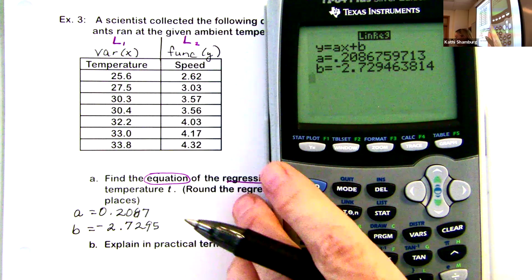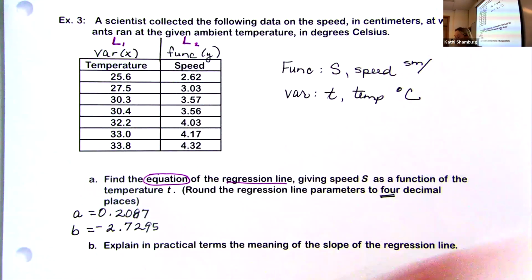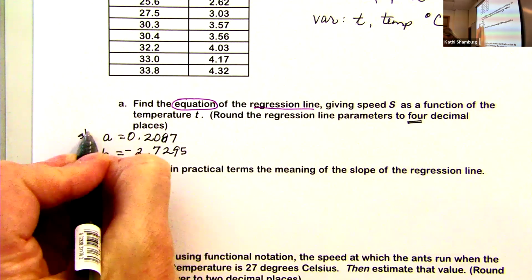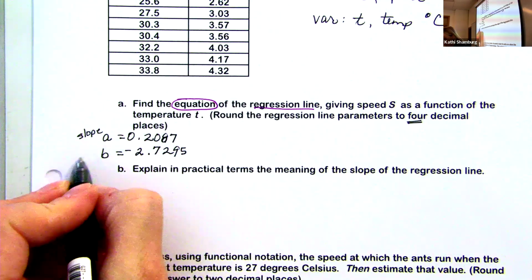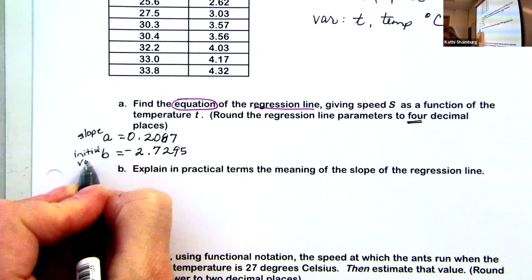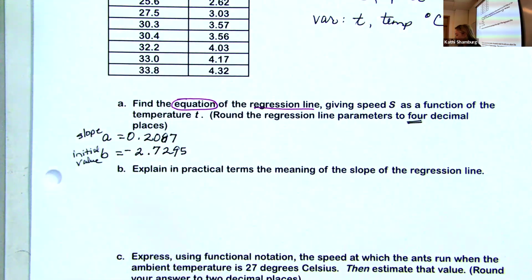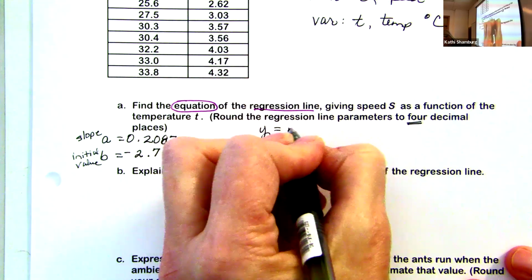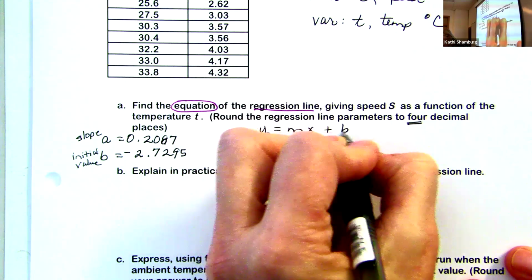All right, now in our calculator, what is A? That's your slope. And then B we know is the initial value. So we know we are using y equals mx plus b.